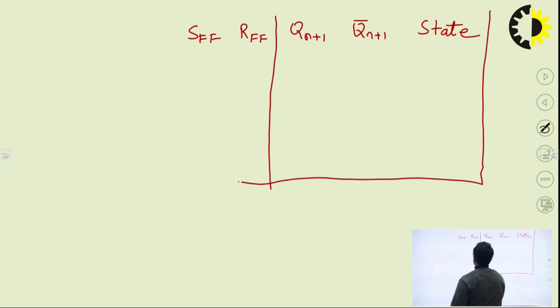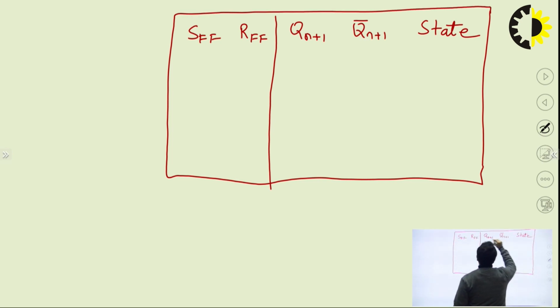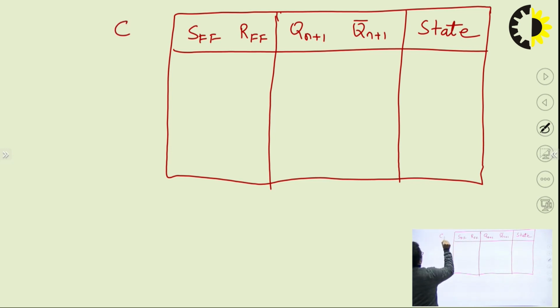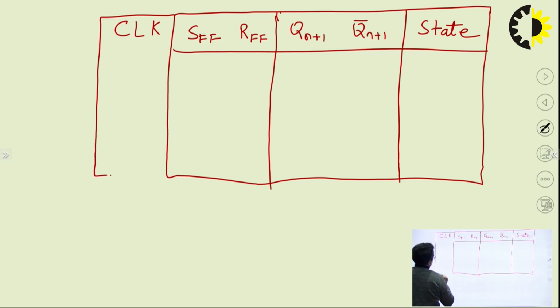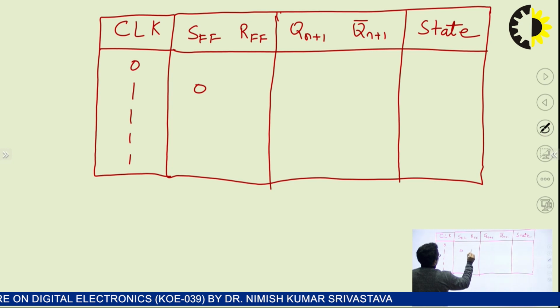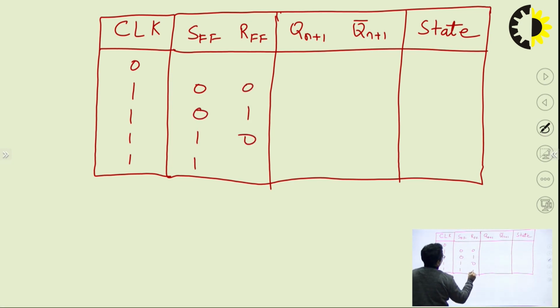Have the habit of drawing the truth table with all the inputs, all the outputs, as well as the states. So on this side we are having the clock. So it is 0, 1, 1, 1, 1. This is 0, 0, 0, 1, 1, 0, and 1, 1.